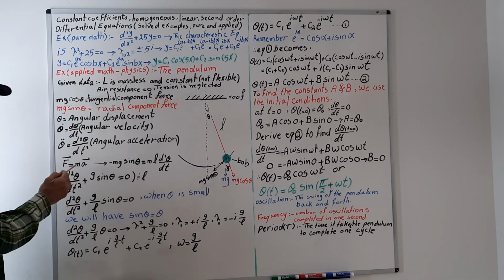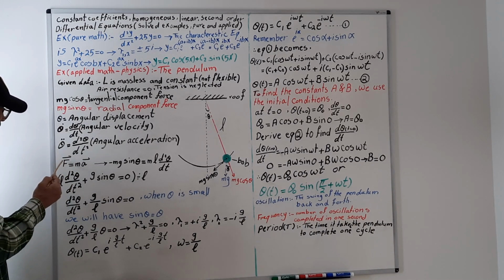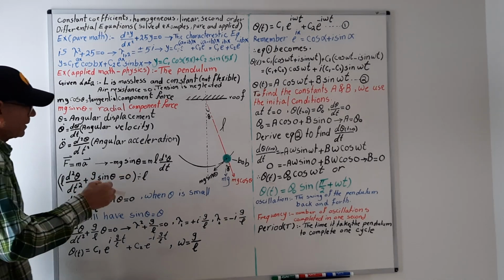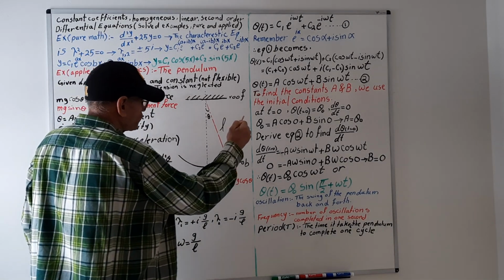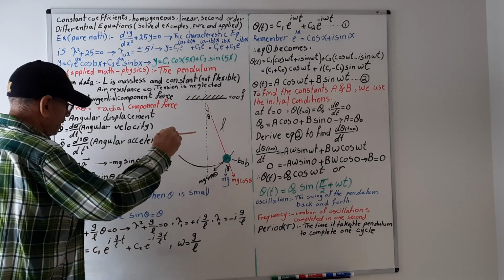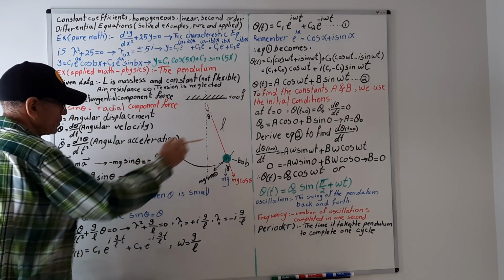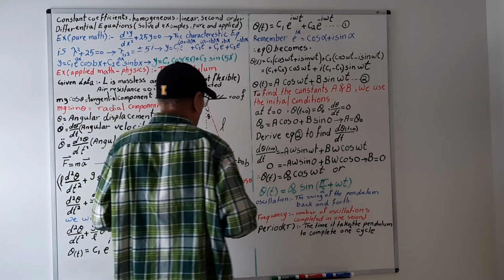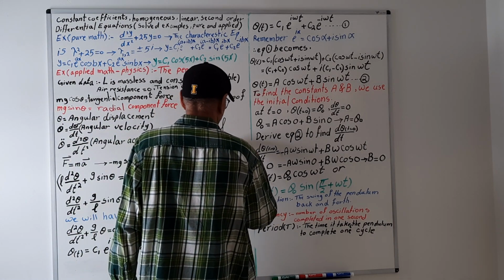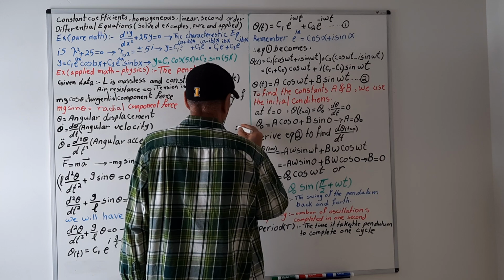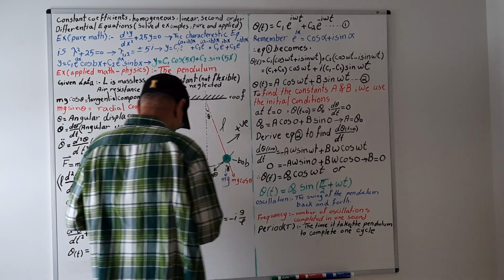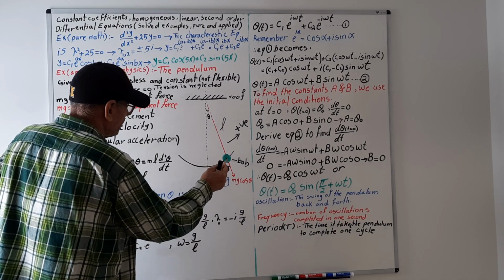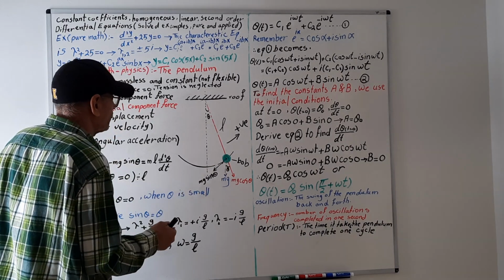This is Newton's second law of motion. Force equals ma. And here is our force, because our displacement will be this way, so we put a minus sign because the force is against our direction. This is the positive direction, and the force acting on the bob comes in the opposite direction.